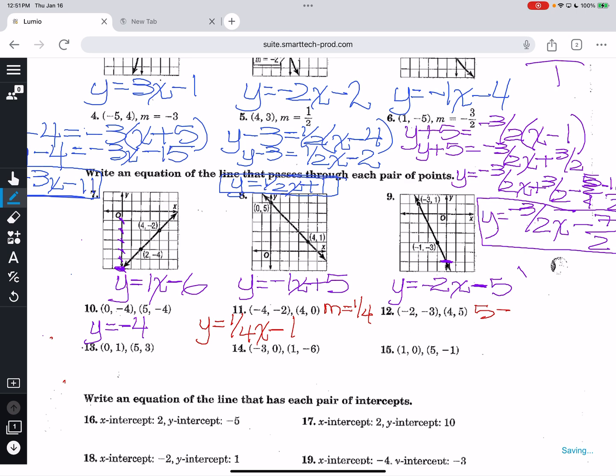I think it's -4 over 3. Wait, no. 8 over 6, which can go to 4 over 3. So positive 4 over 3.